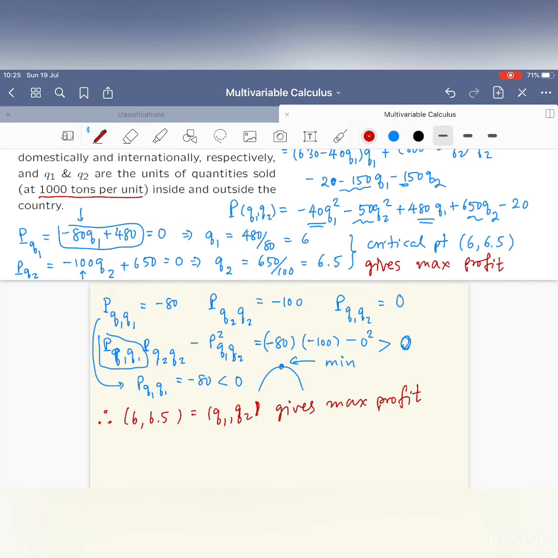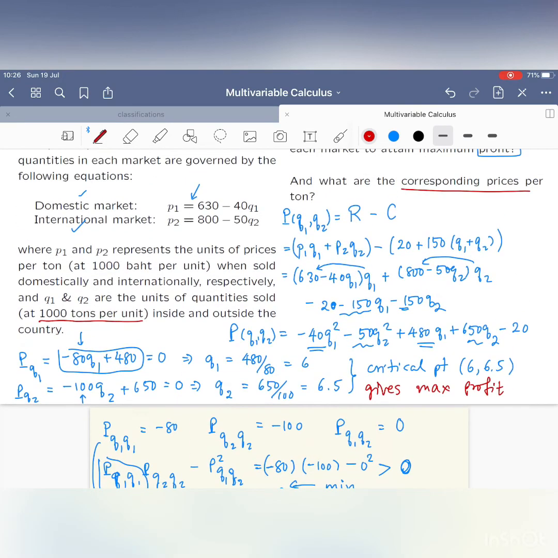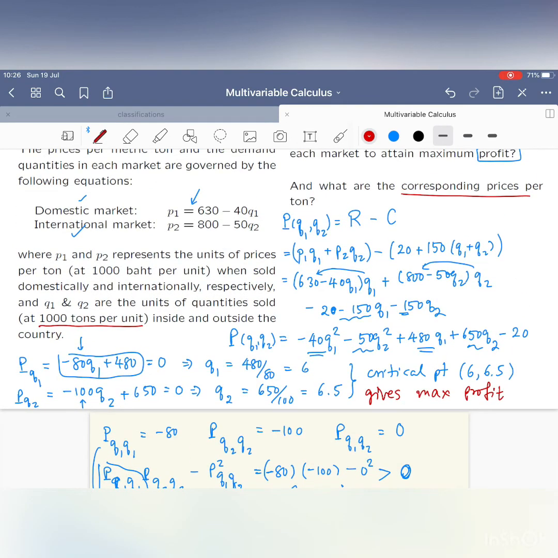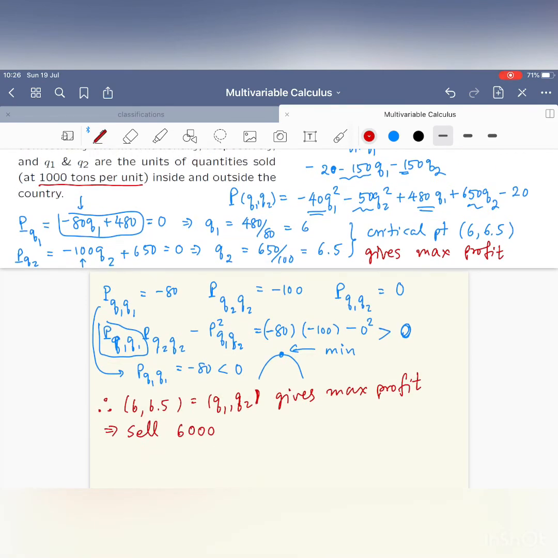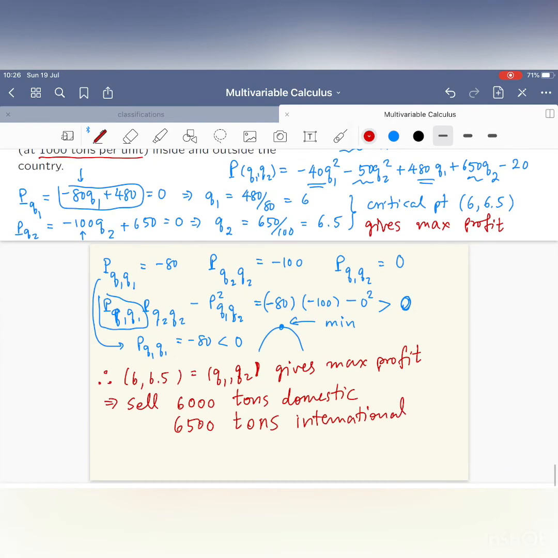So it means you should sell 6,000 tons domestic, since Q1 is the domestic, and you should sell 6,500 tons international. At which price?